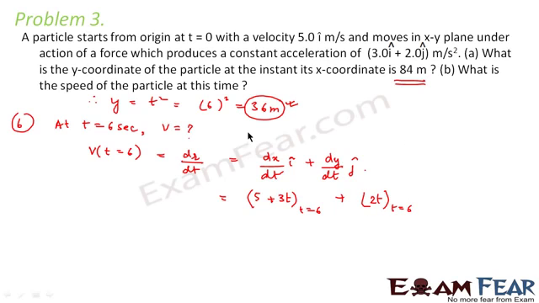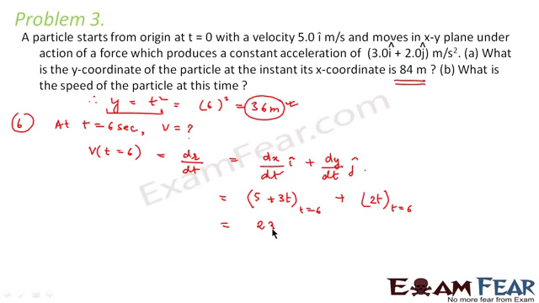Because we already saw that y is equal to t square, so we calculated dy by dt. Similarly, we saw the expression for x in the previous page when we said that x is equal to uxt plus half axt square. So now we'll put the value of t.